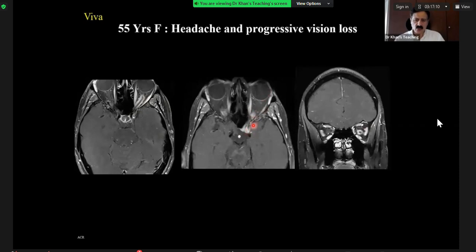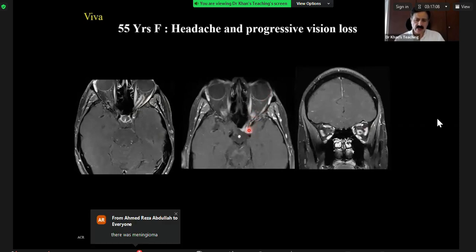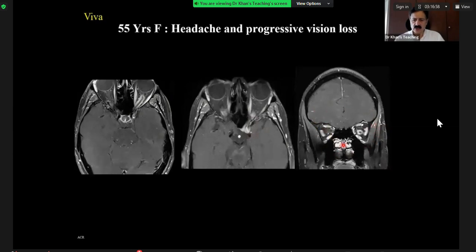And this enhancement goes through the optic foramen, here close to the cavernous sinus. So again, point to remember is that an examiner can open a coronal sequence here, and you can see that there is enhancement here of the optic nerve sheath. Again, I warn you that coronal sequences can be the starting sequence.